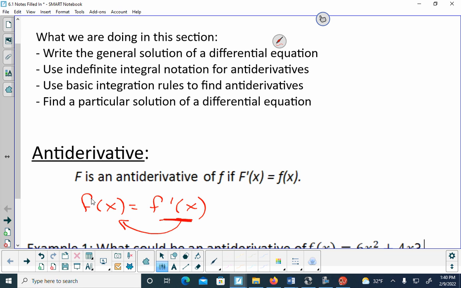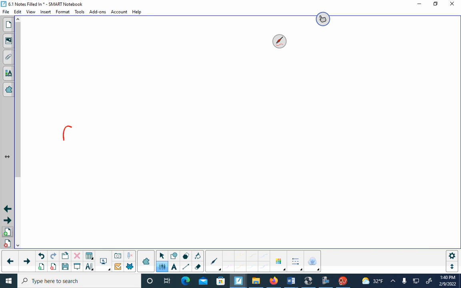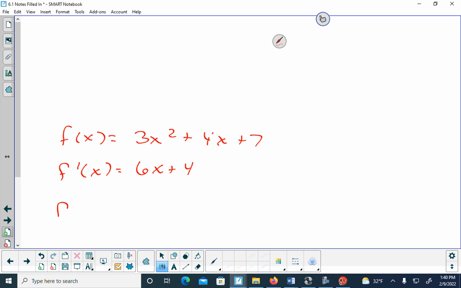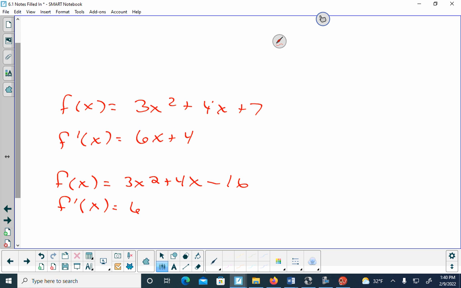Okay, let's go to like here. If I gave you f of x is equal to 3x squared plus 4x plus 7, what would you tell me the derivative is? 6x plus 4. Do we all agree? If I tell you that f of x is equal to 3x squared plus 4x minus 16, what's the derivative going to equal? 6x plus 4.